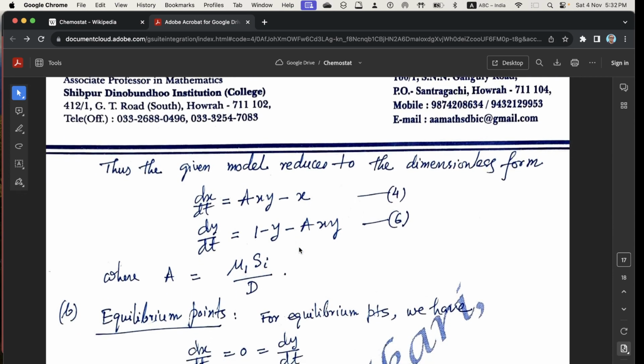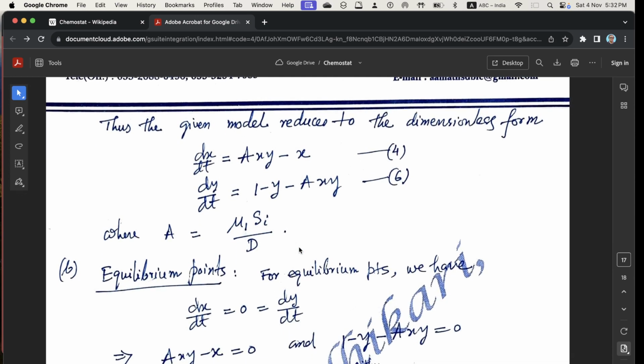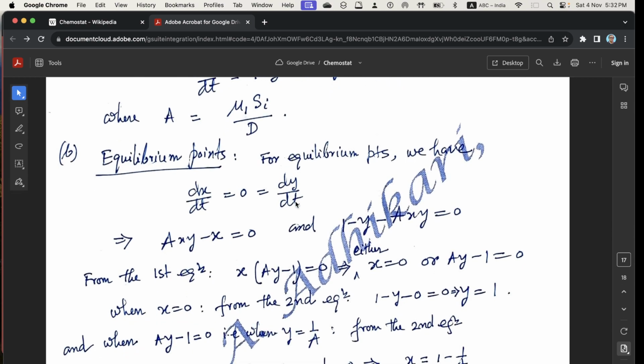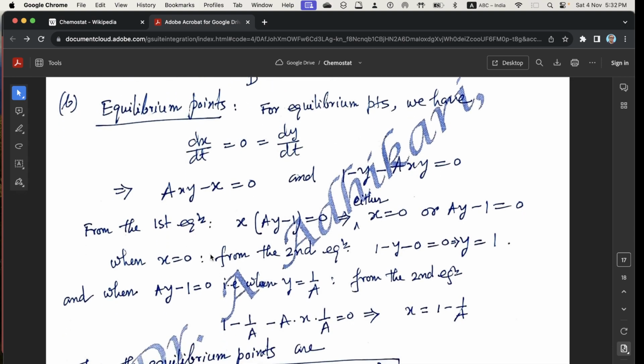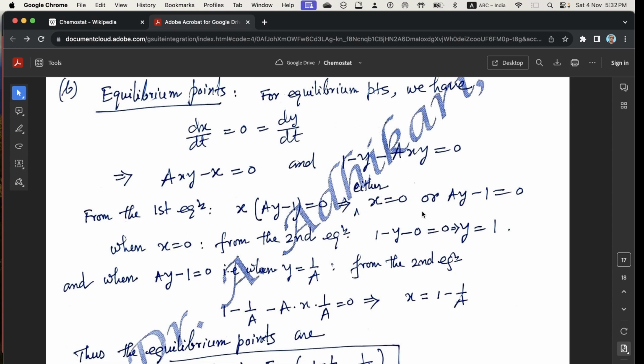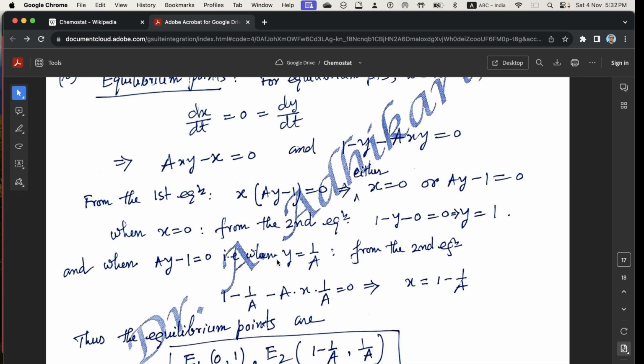Thus we have the dimensionless form of the given model, dx dt equal to axy minus x, dy dt equal to 1 minus y minus axy. For the equilibrium point, we must have dx dt equal to 0, dy dt equal to 0. So from the first equation, x bracket ay minus 1 equal to 0. So either x equal to 0 or ay minus 1 equal to 0. When x equal to 0, from the second equation, we get y equal to 1.